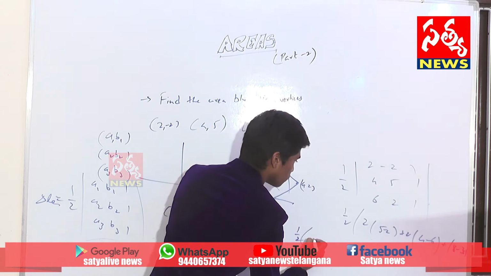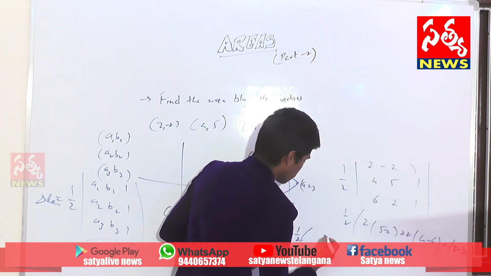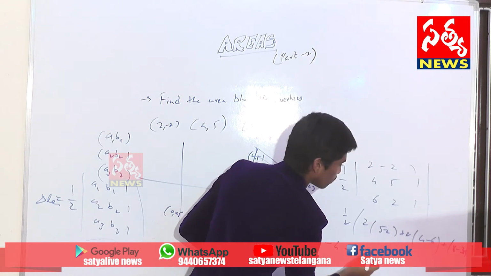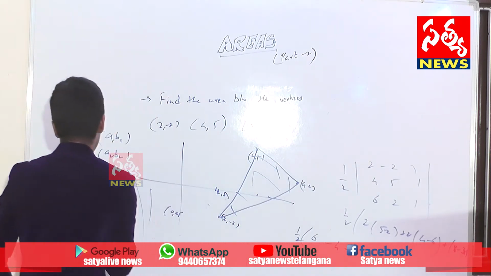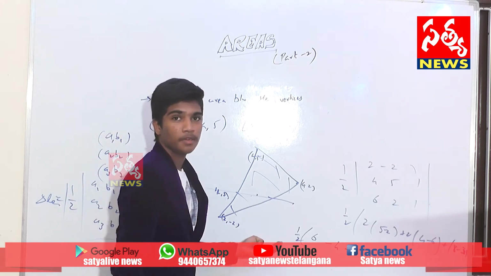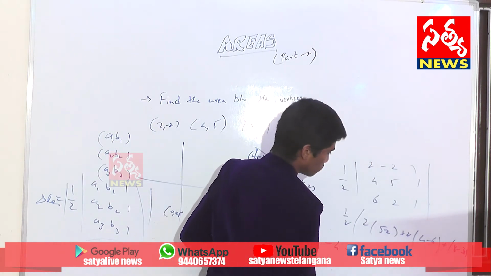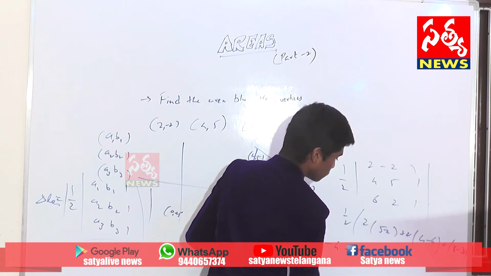Half into 5 minus 2 is 3, 3 into 6, minus 2 into 4, and here we take the mod, as sometimes it may be negative also. 30 minus 8 is 22, which is minus 22.